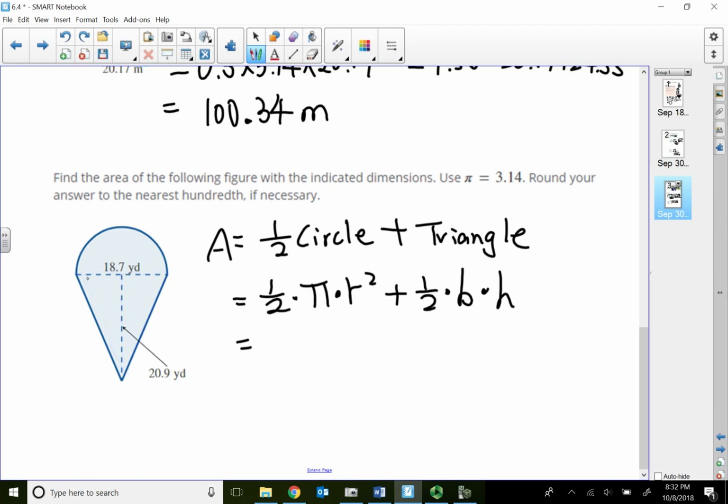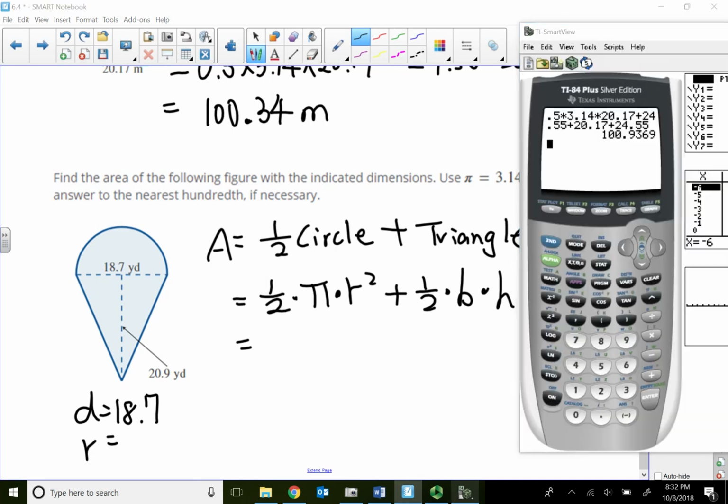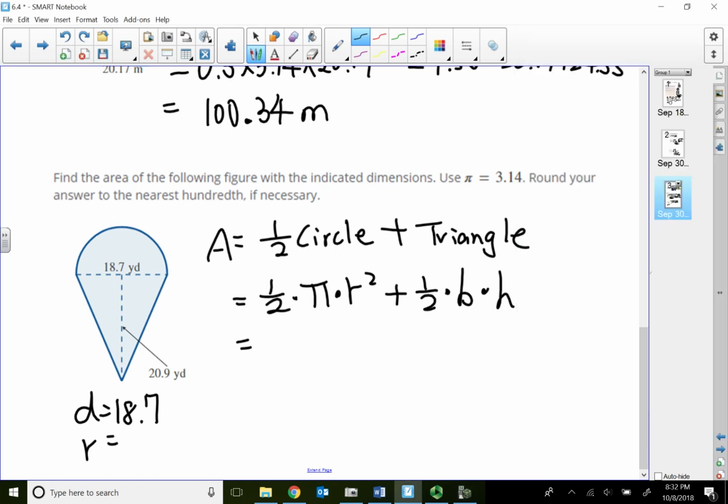So if this is the base of the triangle, this also got to be the diameter of my half circle up top. So when I'm dealing with a circle, I always need to know what they're giving me, because this time the problem is giving me diameter, but my formula is calling for radius, so I got to find the radius, which is always half of a diameter. So we take 18.7 divided by 2. 9.35 will be my radius.